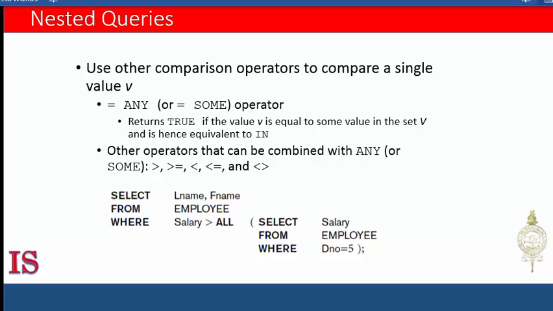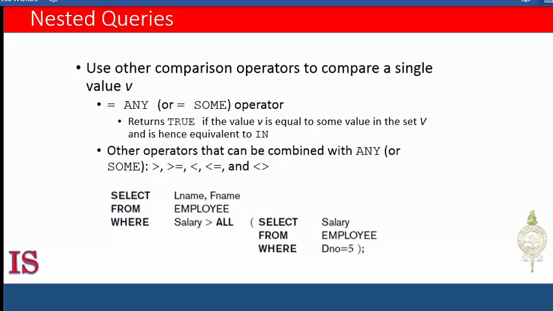The two keywords ANY and SOME have the same effect. Other operators can be combined with ANY or SOME, including greater than or equal to, less than or equal to, and of course not equal to. The keyword ALL can also be combined with each of these operators.